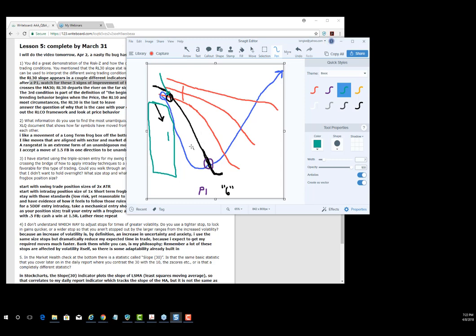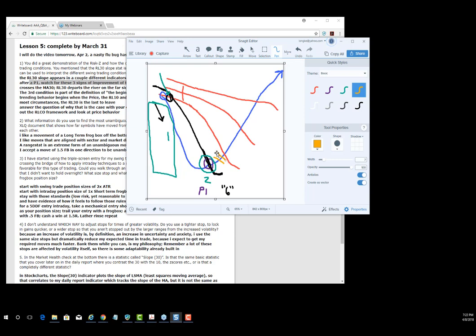And then that continues down until you get the second part of the pattern, and that is the RLCO outside of the river. So that's the second criteria of an owl. The third thing that happens is that the RL10 has crossed the dragon.